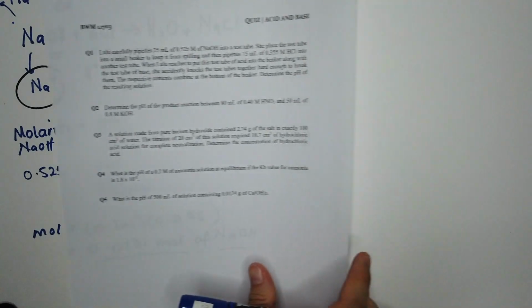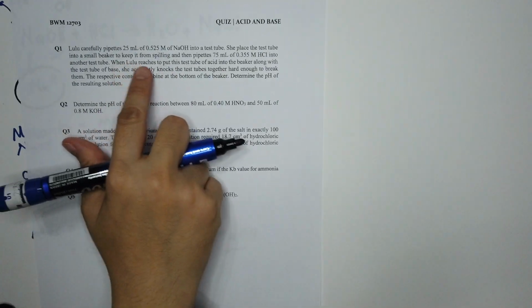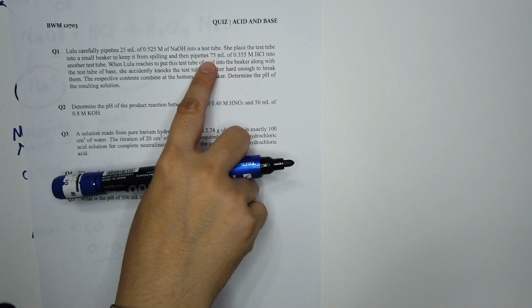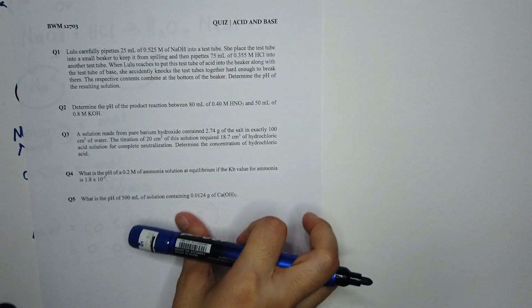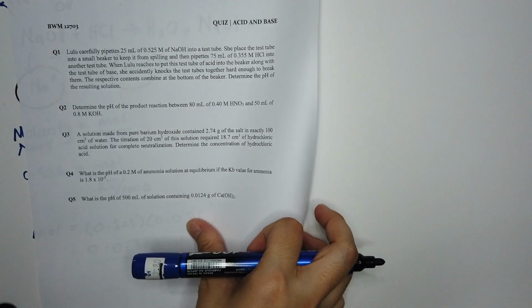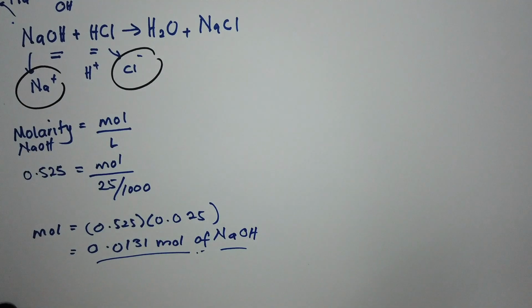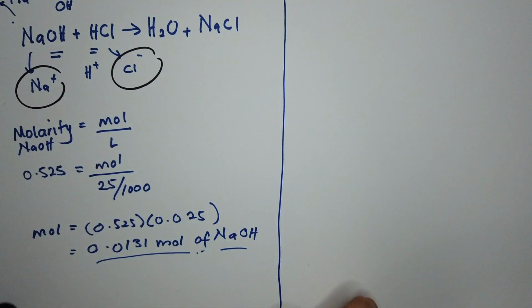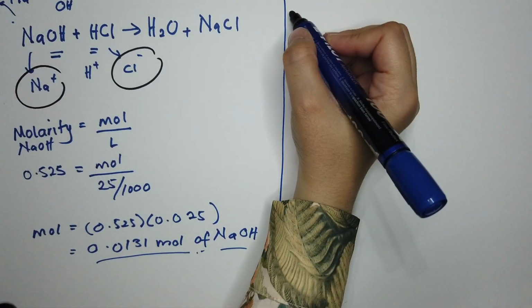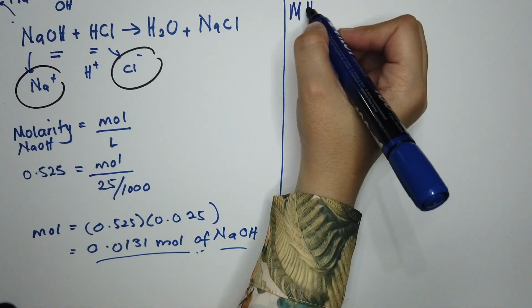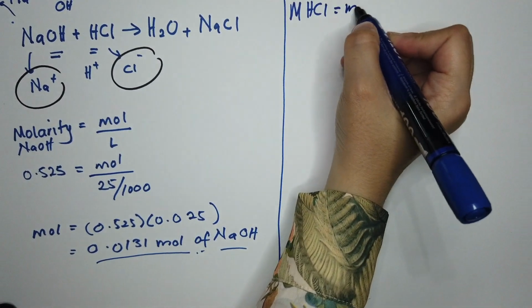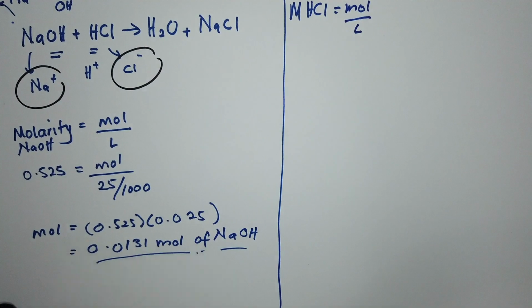Next, the other solution is the HCl. Same drill, you use the molarity given and the volume to calculate the number of moles. Molarity of HCl is equivalent to mole over liter.